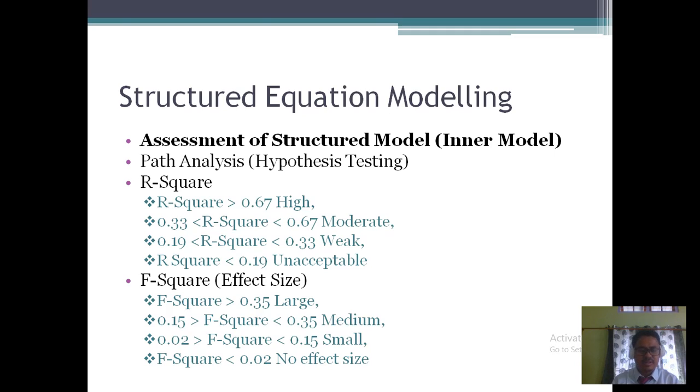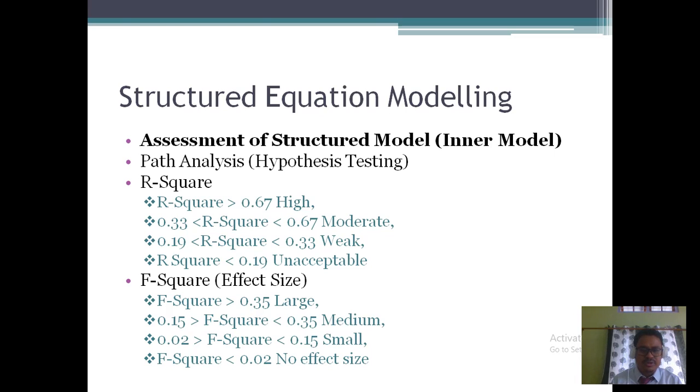The second measure to evaluate the quality of the structure model is the effect size. That is, it is the effect size of the relationship of the dependent and the independent variable.